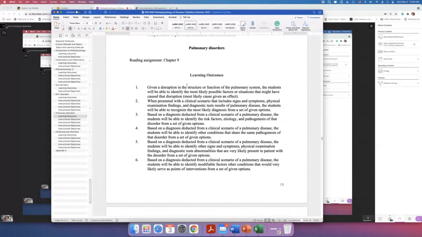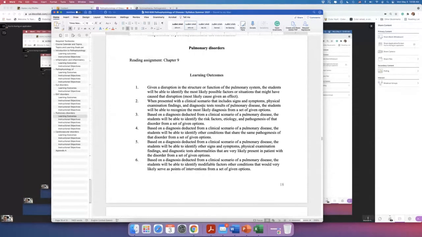Let's say someone has an abscess, or a tumor, or an infection. Given this brief vignette, the students need to select in these multiple choice questions the most likely etiology for that dysfunction.